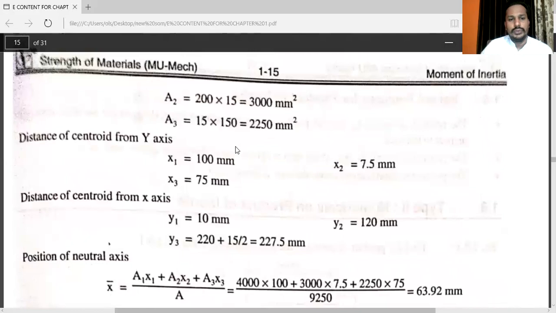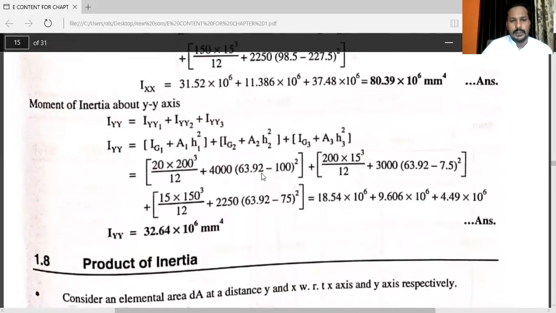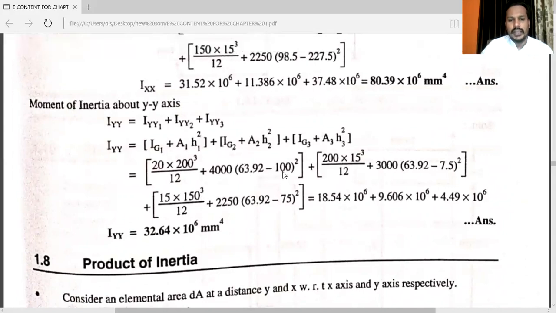And we know the value 100, 7.5 and 75 as the value of X1, X2 and X3. So here similar, see H1 is a difference between X bar and X1. H2 is the difference between X bar and X2. Here X bar and X3. Whenever you will put all the values in the given formula, you will get Iyy is equal to 32.64 into 10 raised to 6 mm raised to 4.